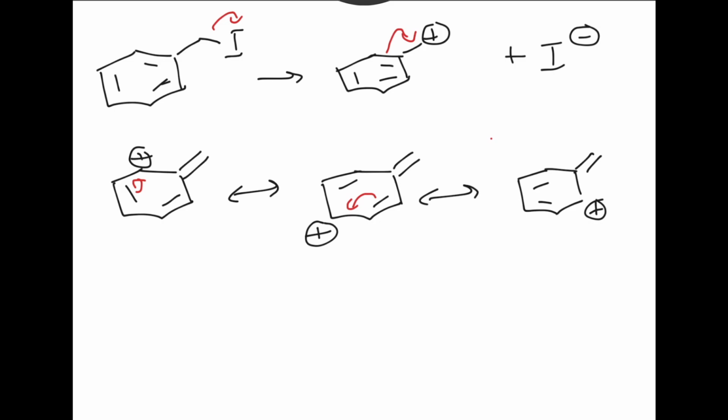So instead of that one primary carbon being positive all the time, that positive charge gets spread out across three other carbons. So there are 4 carbons total that are sharing that positive charge. So they're not all 100% positive, they're all a little bit positive.